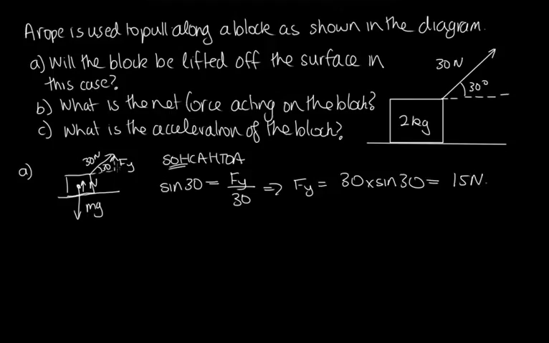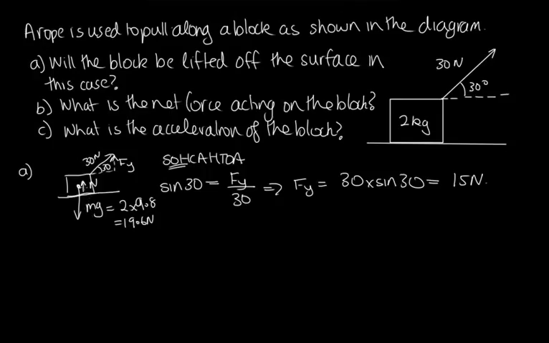So we've got an upwards force of 15 newtons and a downwards force equal to mg. The mass is 2 kilograms and g is 9.8, so this is 19.6 newtons. Our weight force is larger than our upwards force, so it's going to remain on the table.